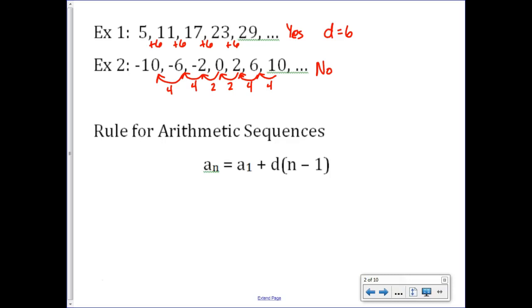Here's our rule for arithmetic sequences. A sub n equals A sub 1 plus D times n minus 1. D is our common difference, and n is our term number.